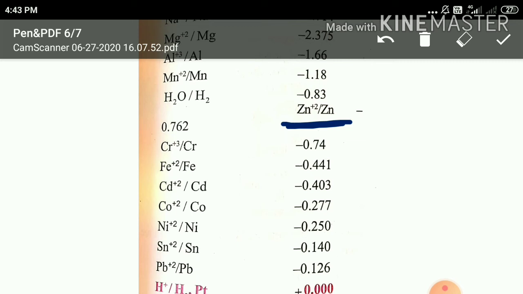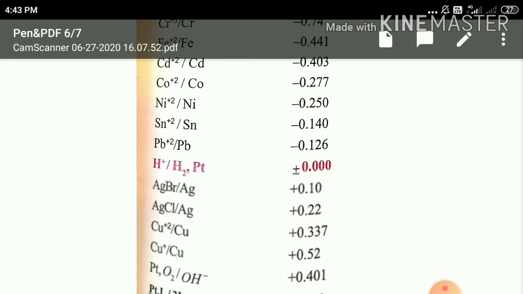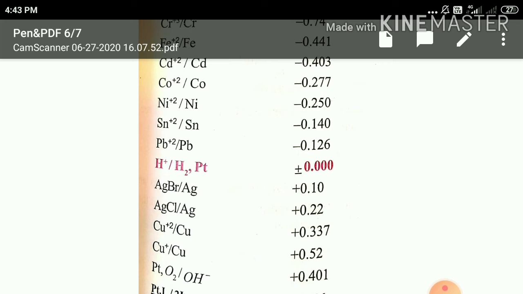Why? Because zinc is a more active metal than hydrogen. That's why we don't take it like that. But copper I have taken as a cathode. Why? Because copper ions are reduced by hydrogen. Why? Because it has a higher reduction potential value than hydrogen.